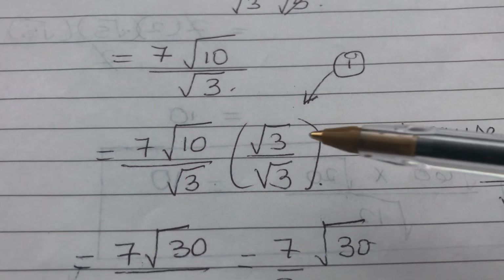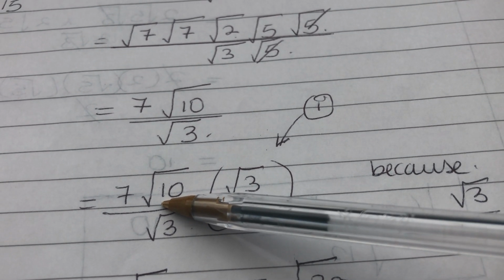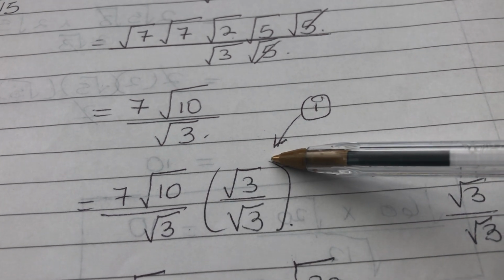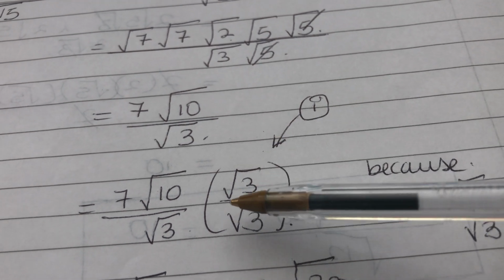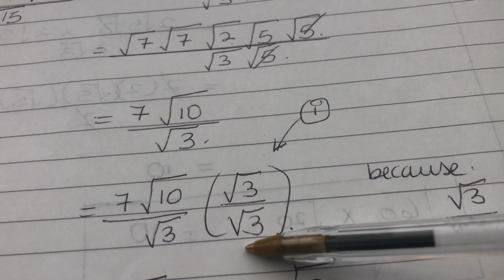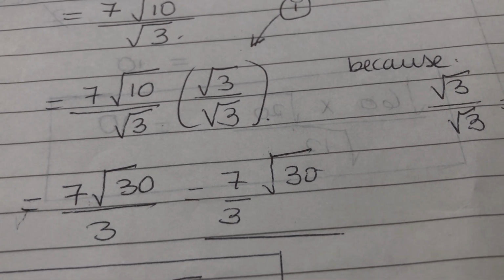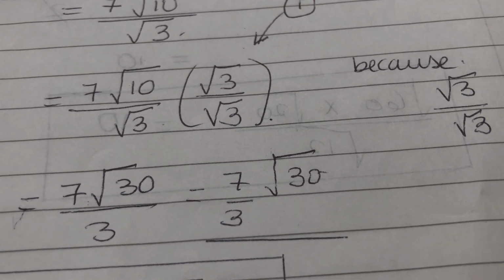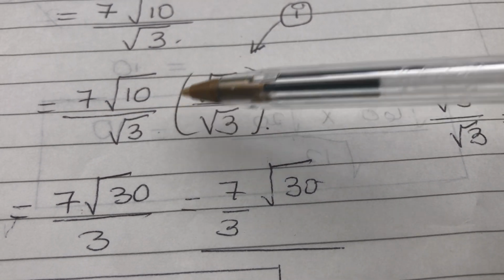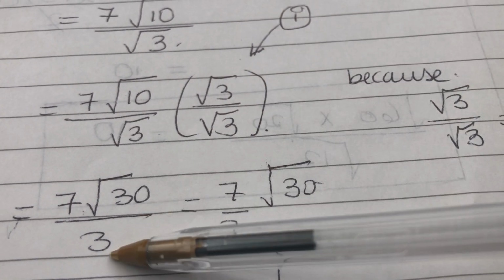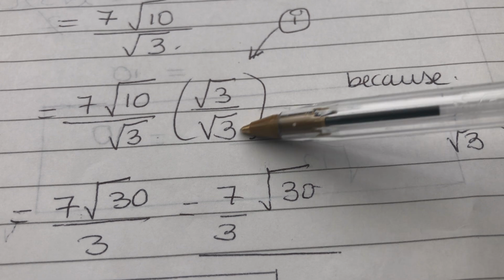So now the numerator becomes 7 root 30. Root 3 times root 3 becomes 3, because I want to get rid of the square root from the denominator. It's called rationalization. I'll teach you that in the next video or two. So now I have 7 root 30 divided by 3.